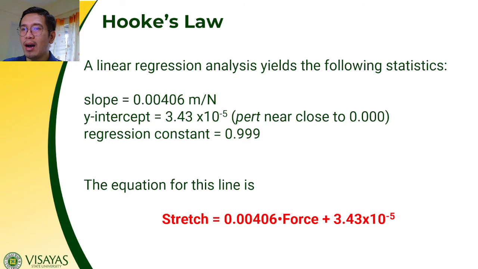And by using these statistics, we can now write the equation of the line, which is stretch is equal to 0.00406 times force plus the y-intercept, which is 3.43 times 10 to the negative 5.